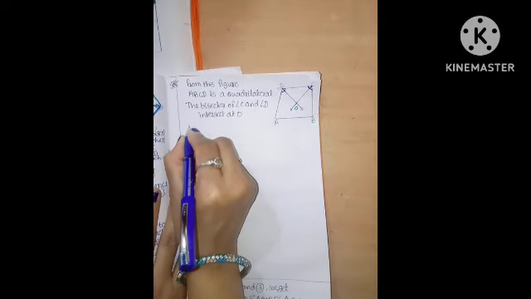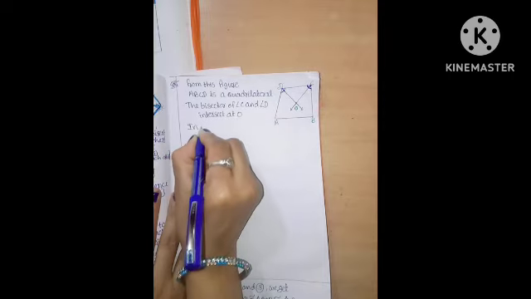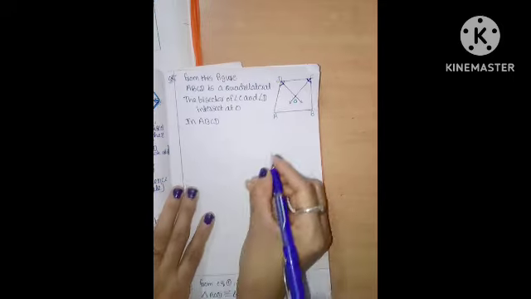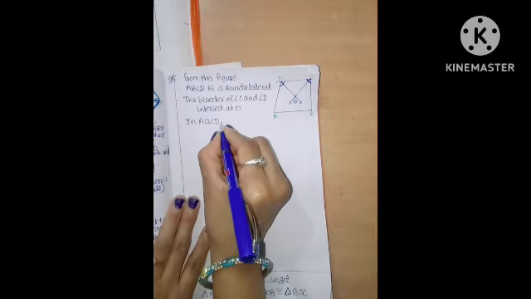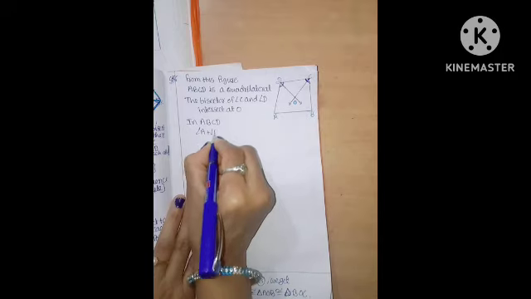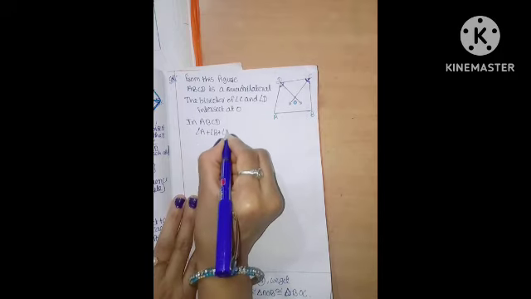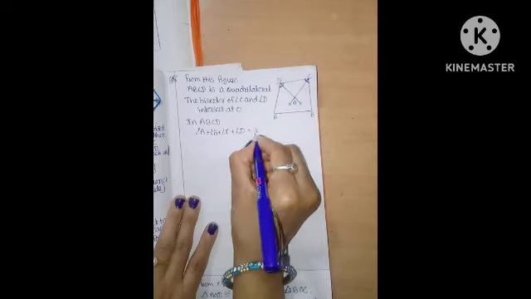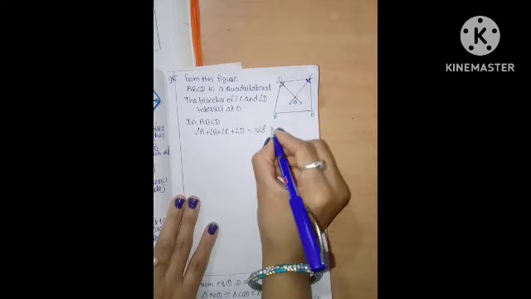First, the quadrilateral ABCD. In ABCD, angle A plus angle B plus angle C plus angle D is equal to how much? 360 degrees.